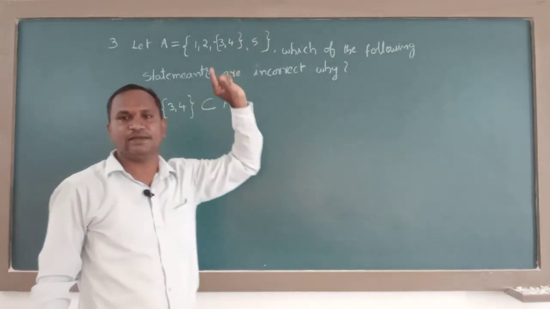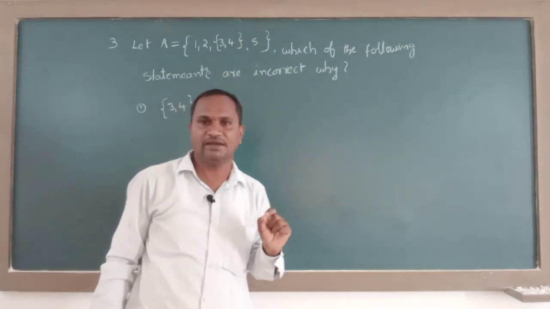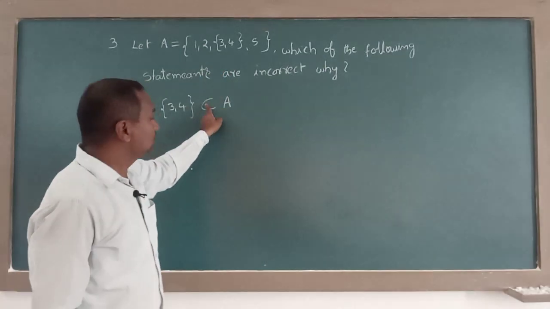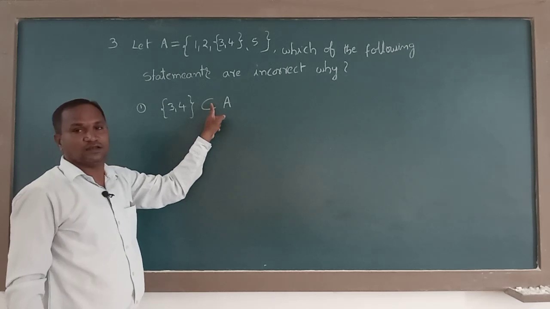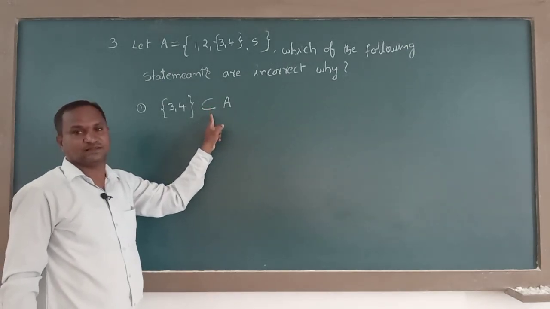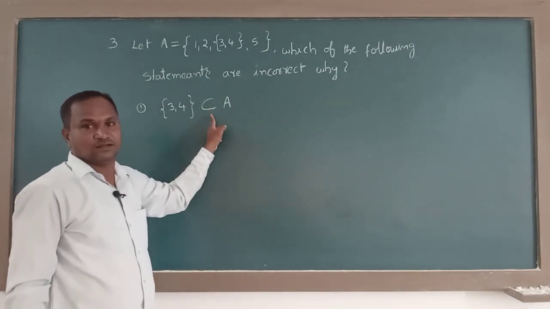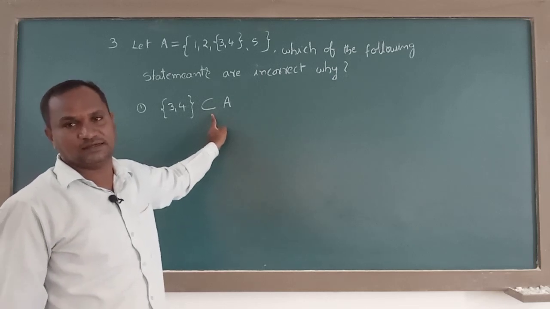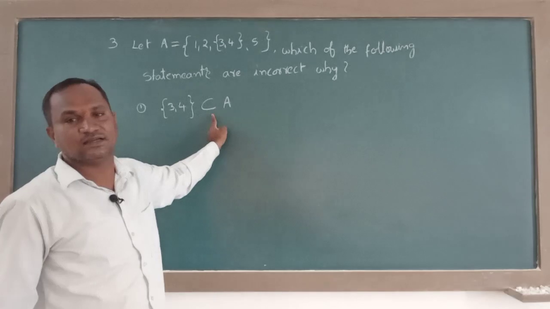We consider it an element, it is not a set. An element present in set A must be represented with the belongs symbol, but they gave the subset symbol. That's why the given statement is incorrect.